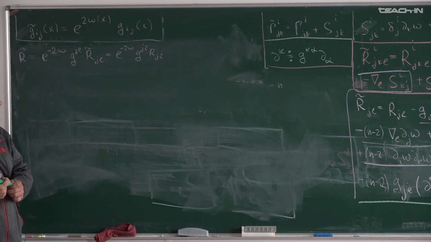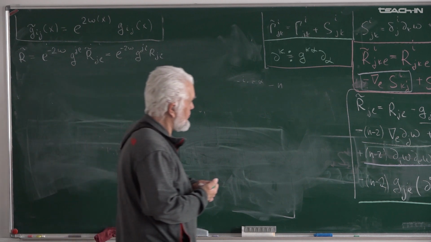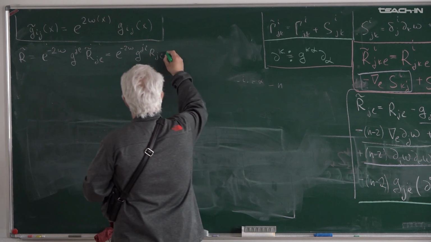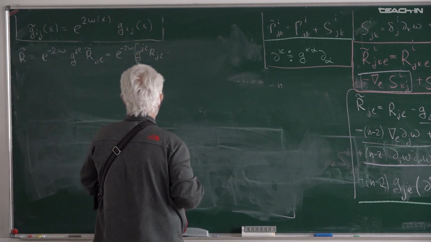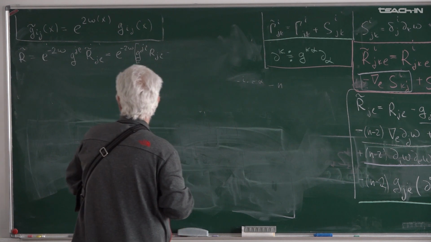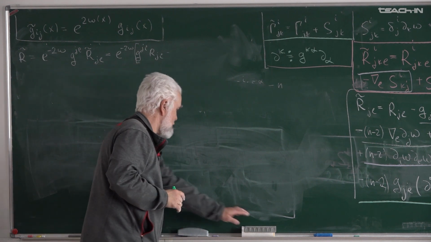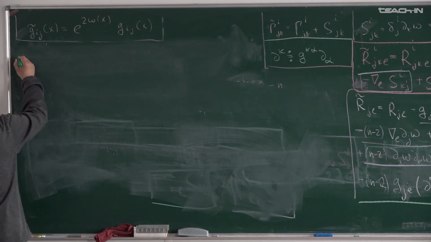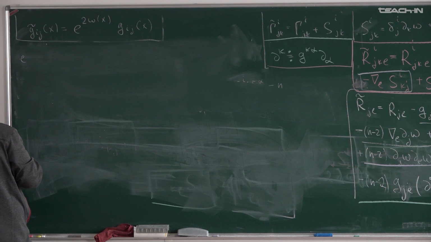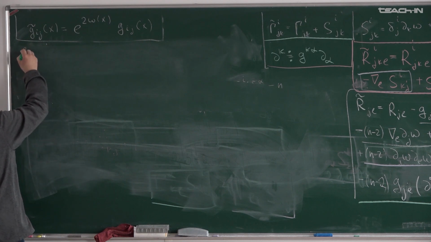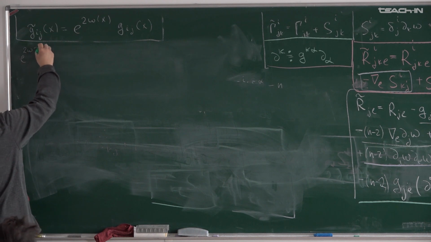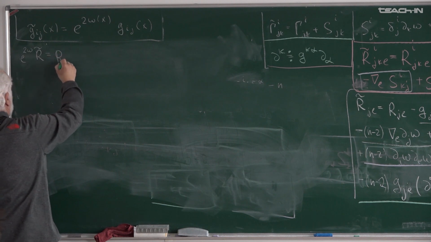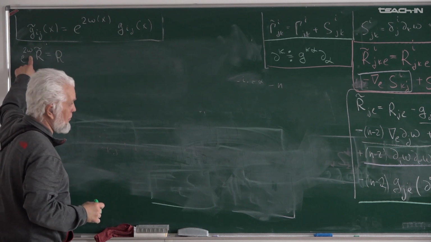This term plus. Okay, to simplify notations, let's use the formula. Let's write this way. E to the power 2 omega, r tilde is r. Let's multiply it by 2 omega.